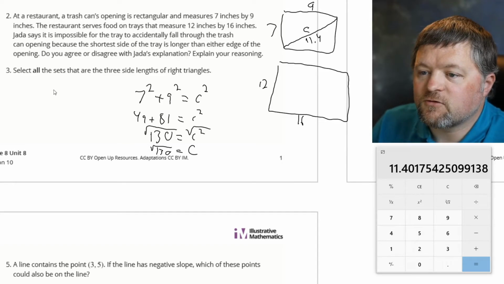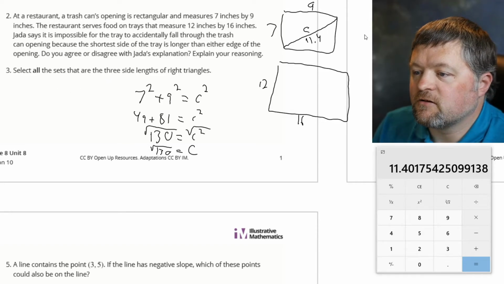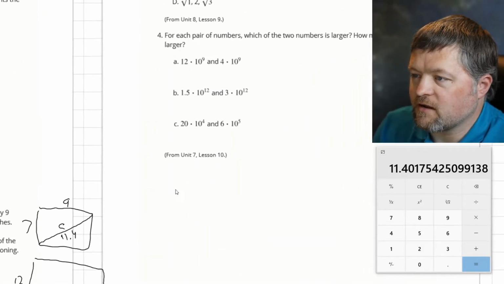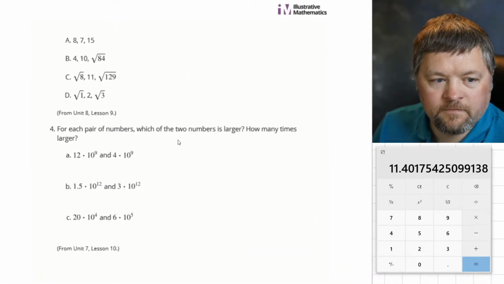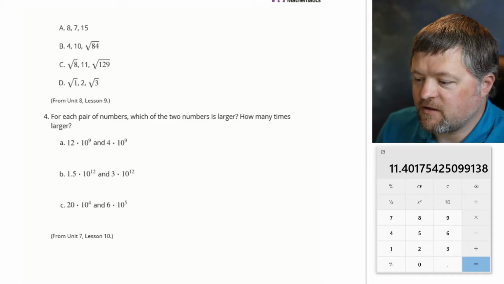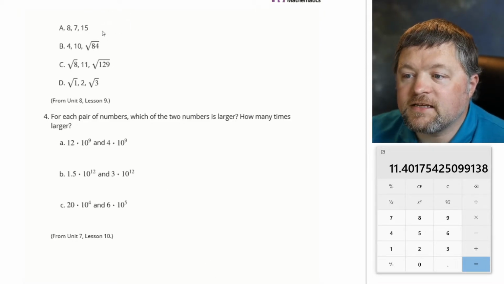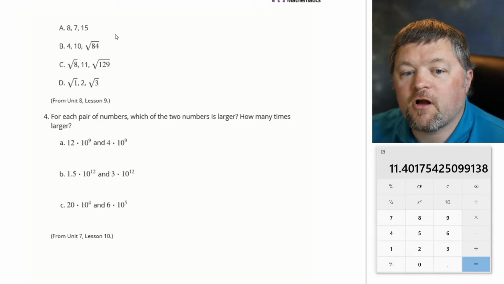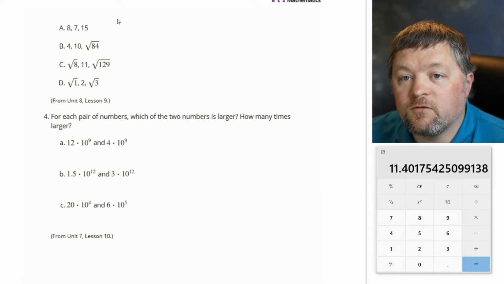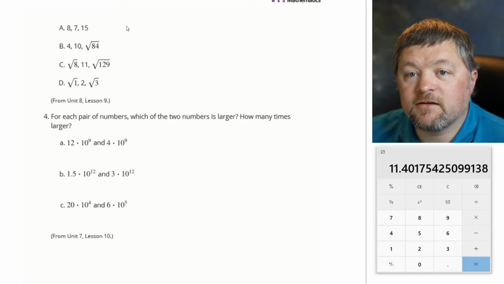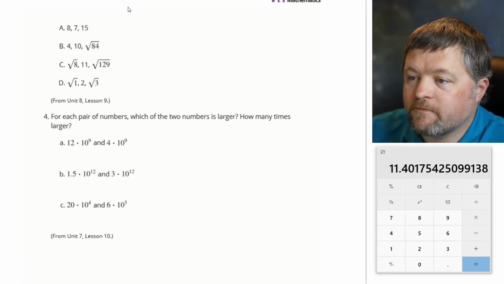Okay, our next question, select all the sets that are 3 sides of right triangles. This would have been easier if they were all on the same page, but okay. To know if these sides make a right triangle, you just have to put them into the Pythagorean theorem and see if it holds up.